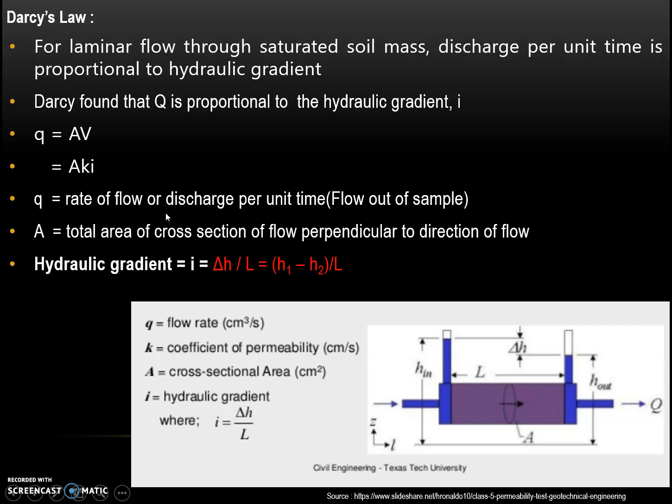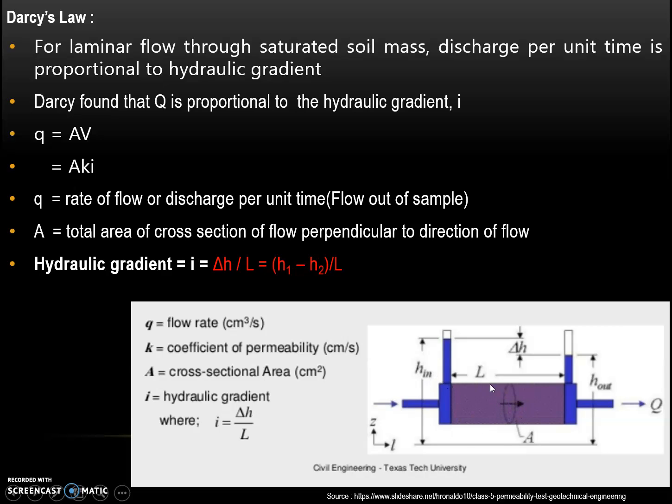Q is rate of flow or discharge per unit time, that is flow out of the sample. A is the total area of cross section of flow perpendicular to the direction of flow. And hydraulic gradient I is equal to delta H divided by L, which is equal to H1 minus H2 divided by L.